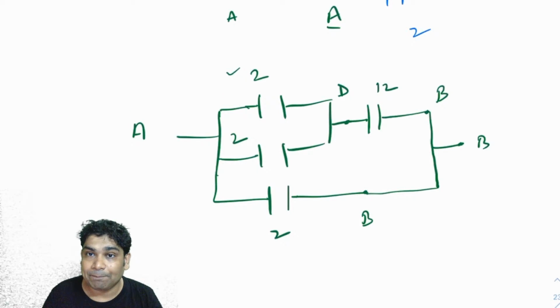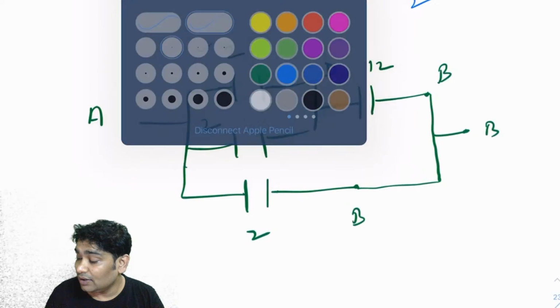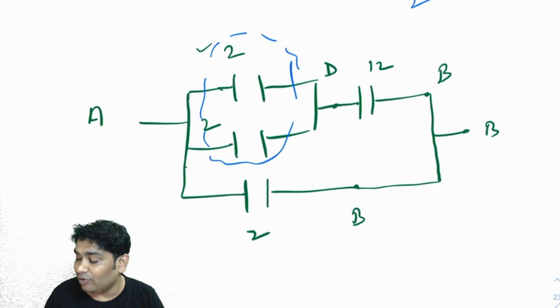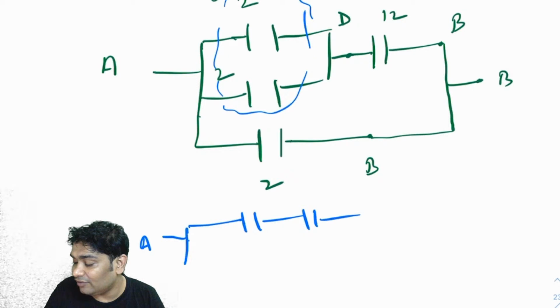Now it is very simple. I can replace this by 4. So from A, I now have only 2, 4, and 12, and 2.